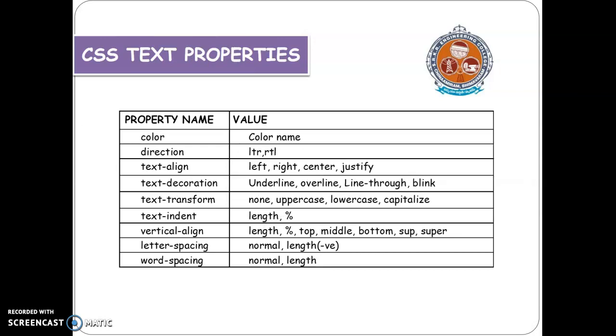CSS text properties. In CSS text properties, text has color, direction, text alignment and decoration: underline, overline, line-through, or blink. Text-transform: none, uppercase, lowercase, capitalize. Text-indent: length or percentage.